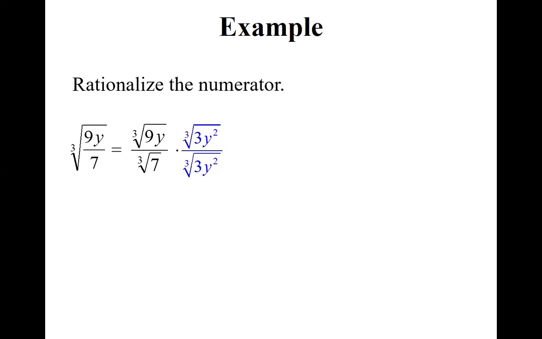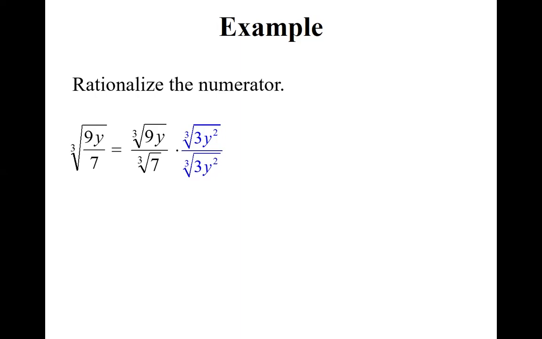But 9 is 3 squared. If we had 3 cubed, and if we had y cubed, that would cancel the cube root out.